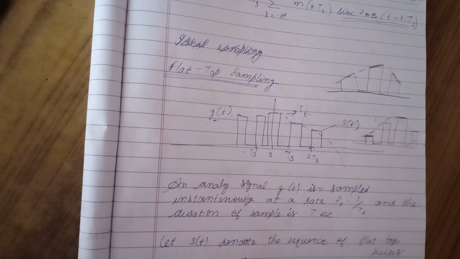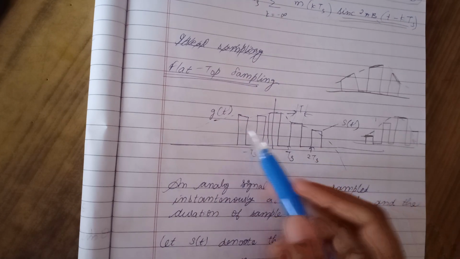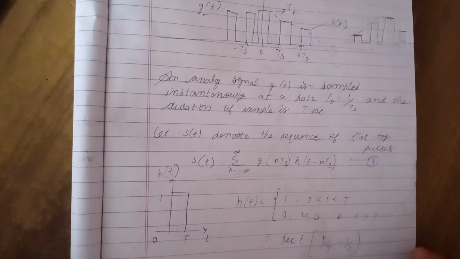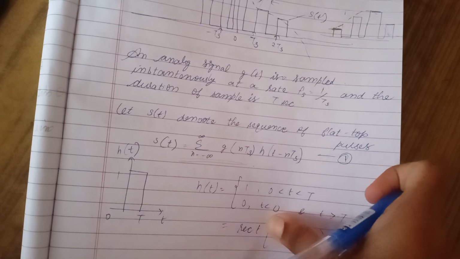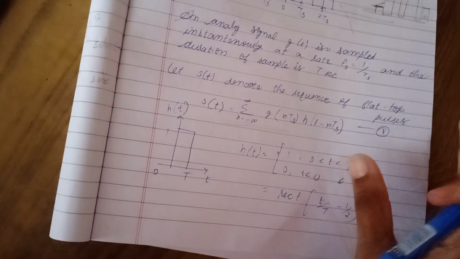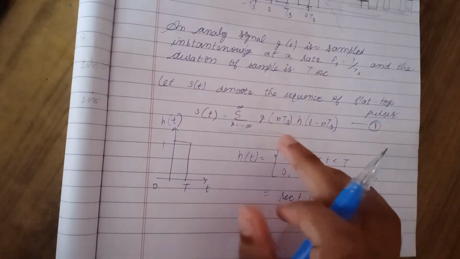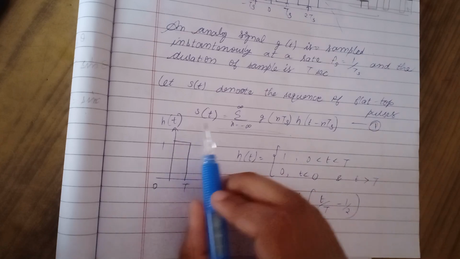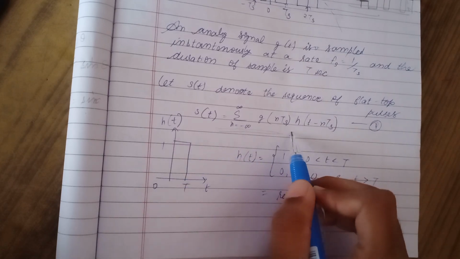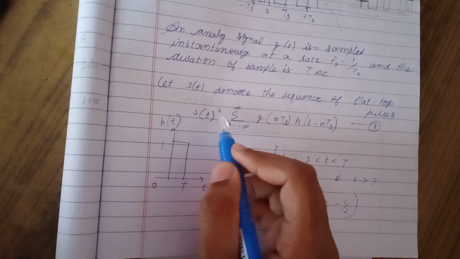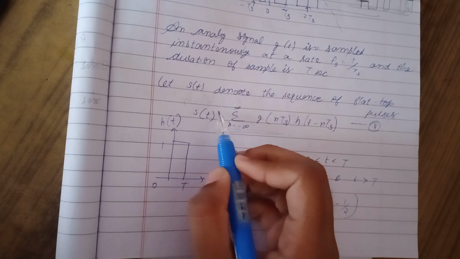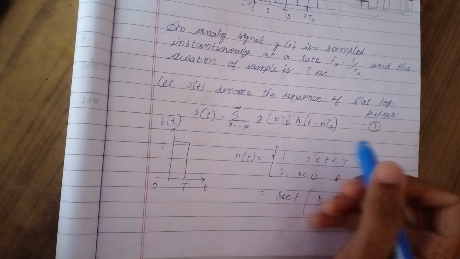In the previous derivation we had used x of t, and here we are just using g of t for a change. So now I know that this is my reconstruction. This is ms of t. In our earlier derivations we denoted it as ms of t. I am denoting it as s of t.